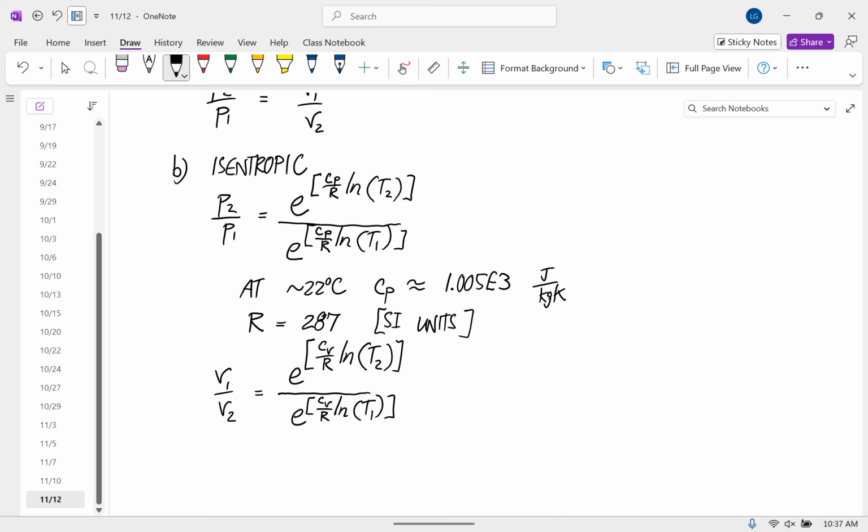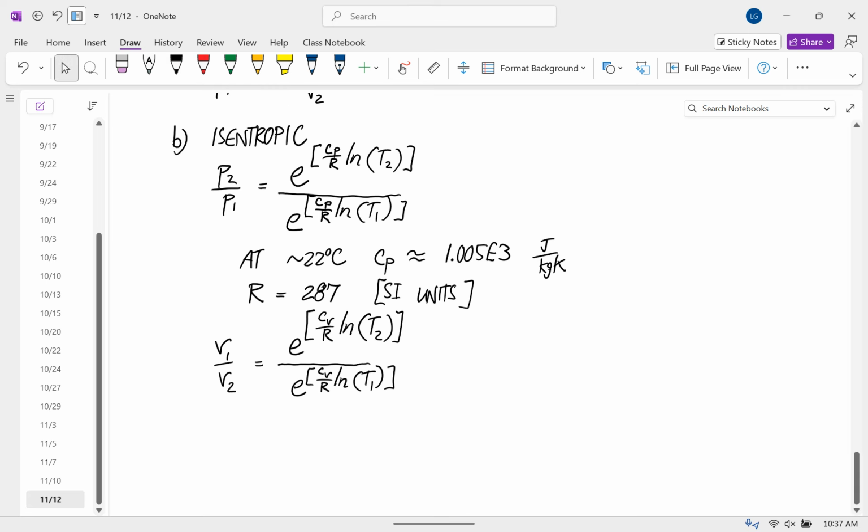We know that remember Cp is equal to Cv plus R. So Cv is equal to Cp minus R. So that is 1.005 times 10 to the third minus 287. So that's 718 joules per kilogram Kelvin.